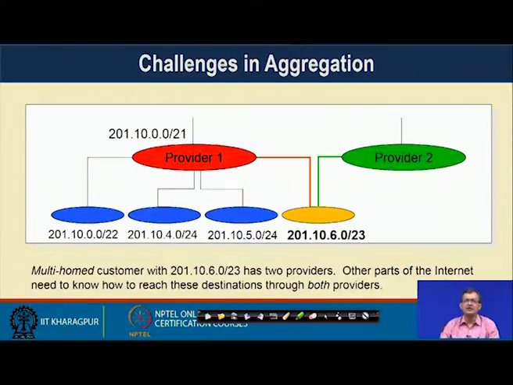But there are challenges in aggregation if there is a scenario of dual homing or multi-homing. Say IIT Kharagpur takes an internet connection from provider 1, another connection from provider 2, and another from provider 3, then that particular network has multi-homing.